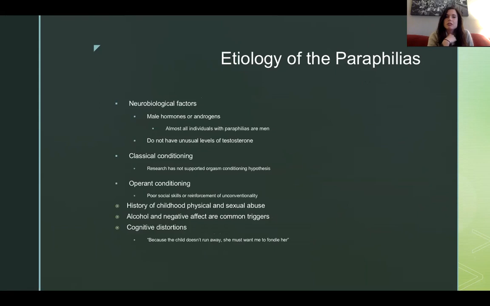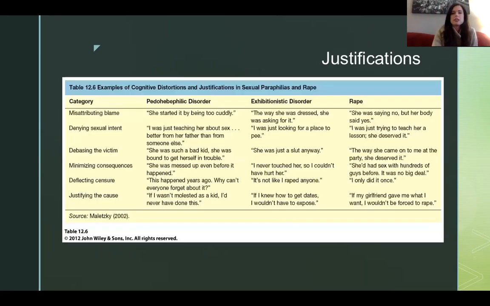Classical conditioning, so different ways of training the brain, and operant conditioning, so poor social skills or reinforcement of an unconventionality. History of child abuse we mentioned, and then cognitive distortions, like because the child doesn't run away, she must want me to fondle her. So those are some of the justifications.